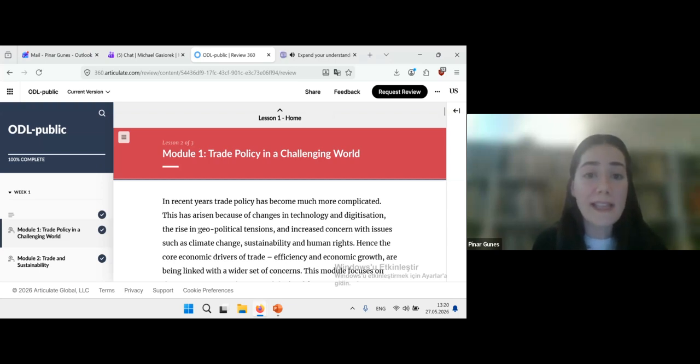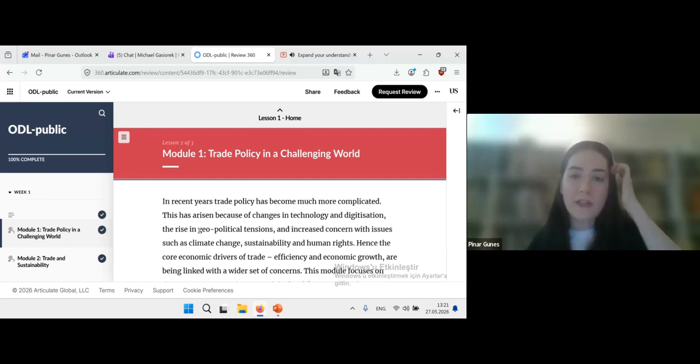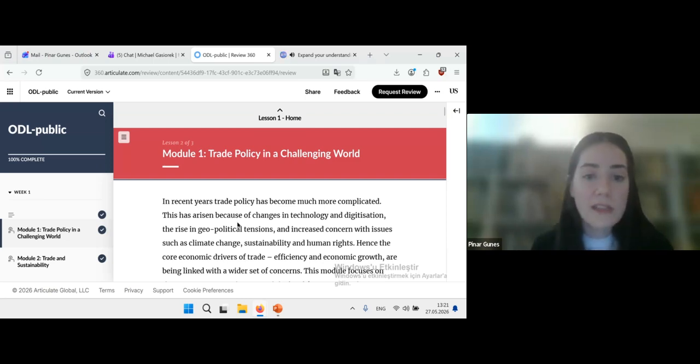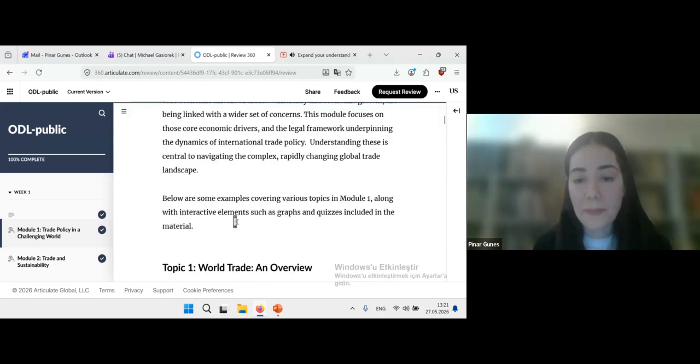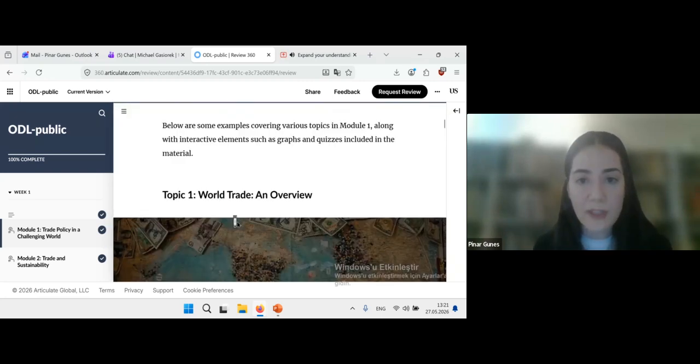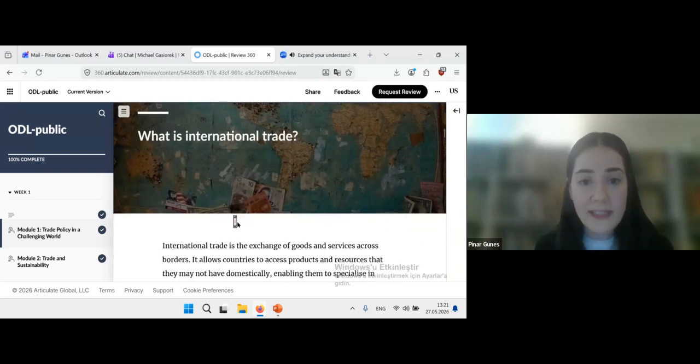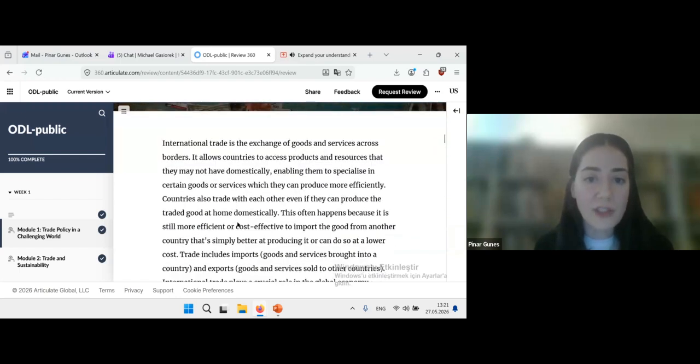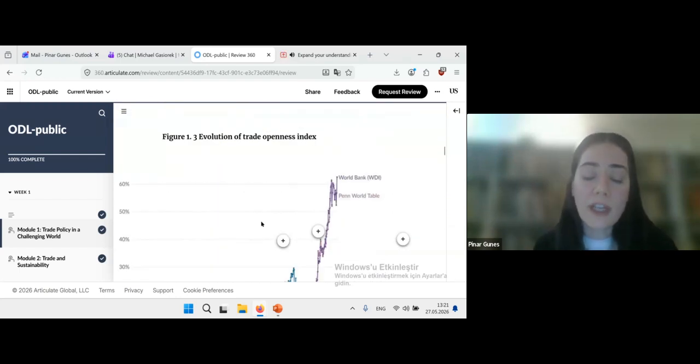So this is a sample from our first module, Trade Policy in a Challenging World. These are some sample slides from our interactive reading material. So we have such descriptive or introductory slides where we talk about international trade, for example, and we have graphs.